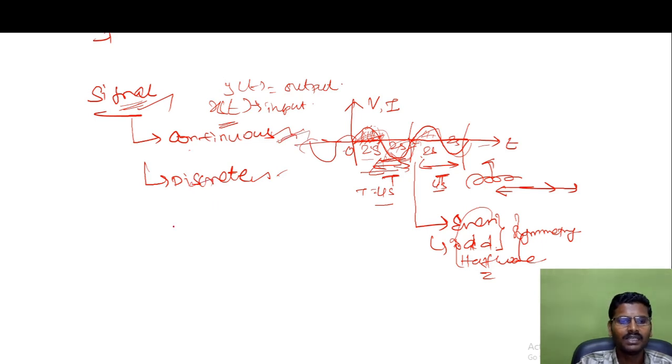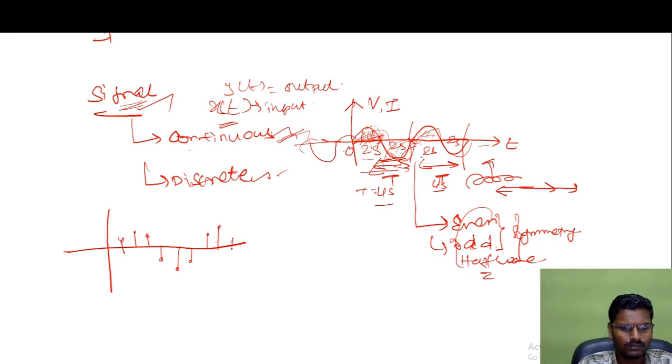The discrete signal will be in the form shown, and this is the example for a discrete signal, right?